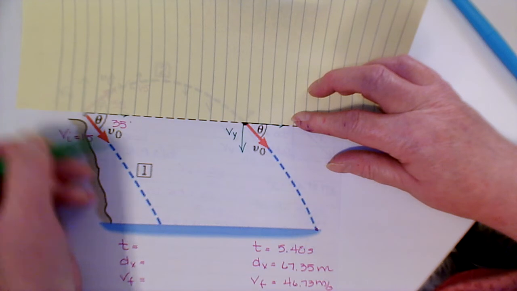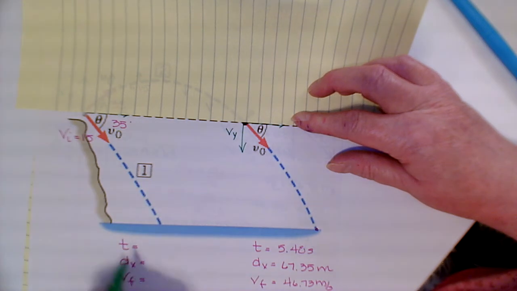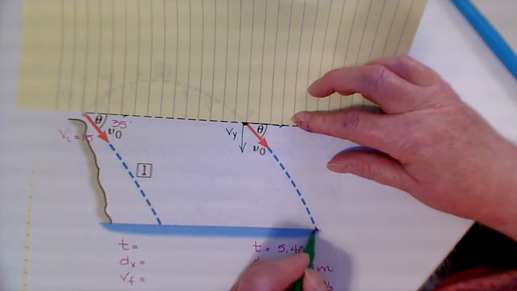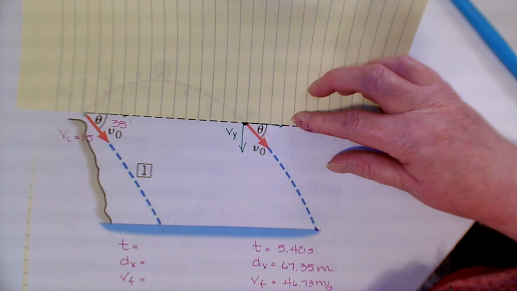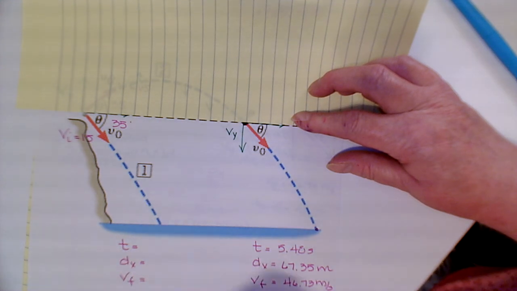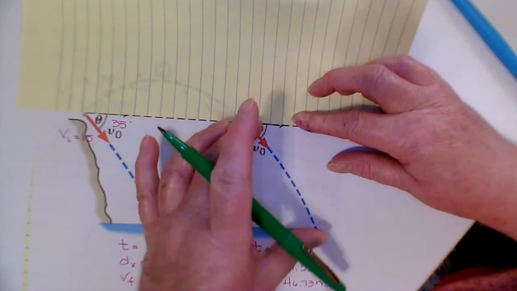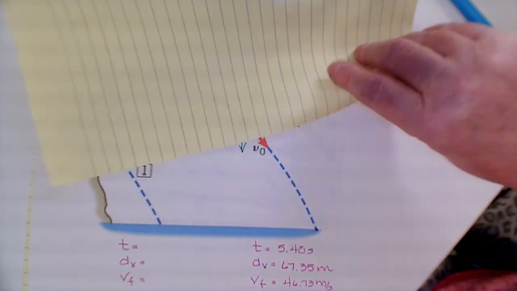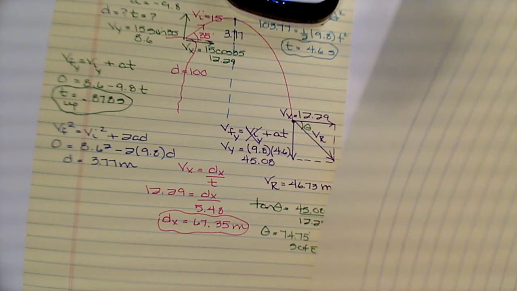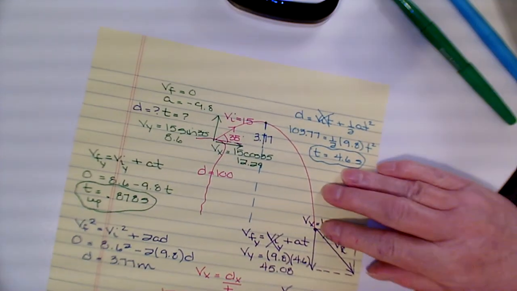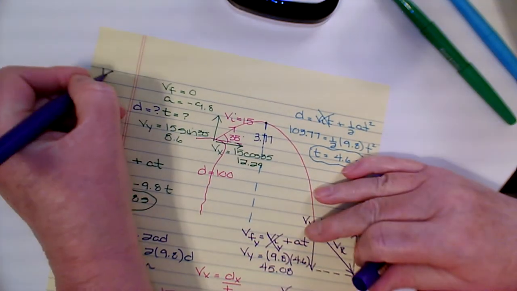This one only has to come down. I can see that the dx for this one is much shorter than the dx of this one. But interestingly, the final velocity of these two things should turn out to be the same because these paths are the same. So we want to see if that happens when we do the second piece of the problem. All right, so we're going to move this aside. We're going to label this one 10A.